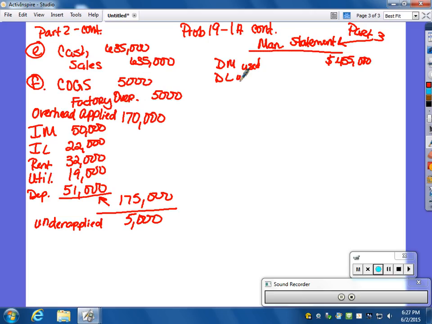Direct labor used, 340,000. And then we have to list out all of the factory overhead, right? I can pull it right from over here. We had indirect materials, indirect labor, rent, utilities, depreciation.